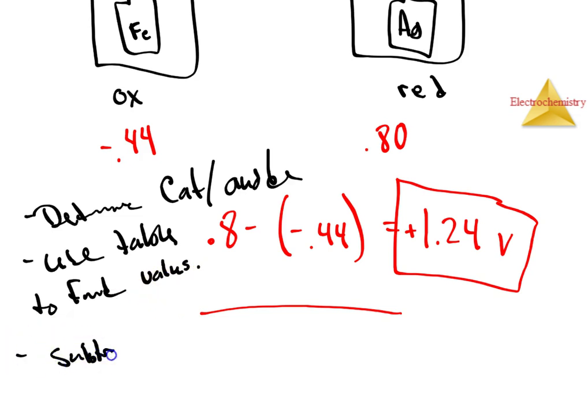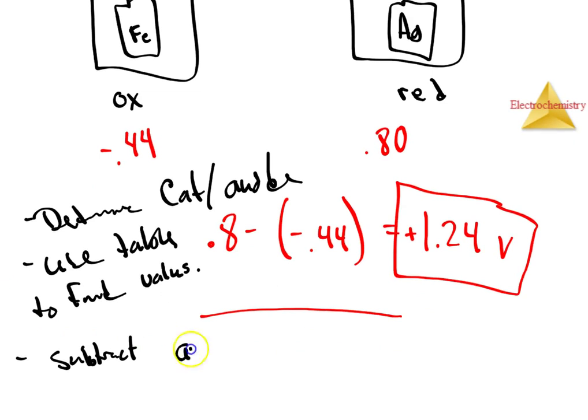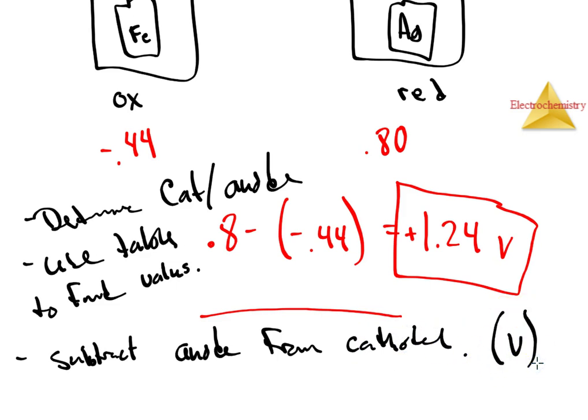Subtract the anode from the cathode. And use the unit of volts. You won't always get a positive, but most of the time you should. Because you could get a negative and then it could ask you what that means, and that would mean that it's non-spontaneous, essentially.